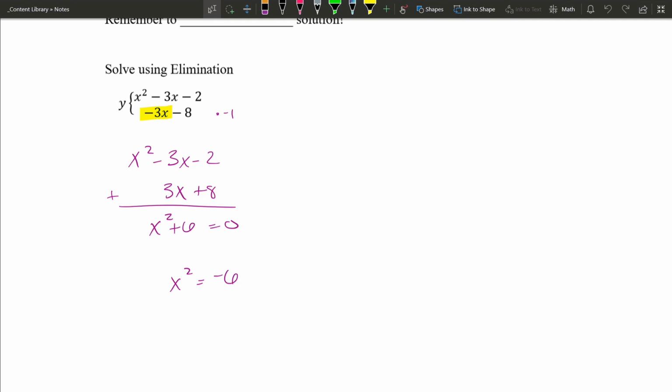It's an imaginary number, right? When we get that imaginary number, there's not a solution to this. We can just say, no solution. I mean, if you want to be fancy and solve it, you could, but I would say just stop here.